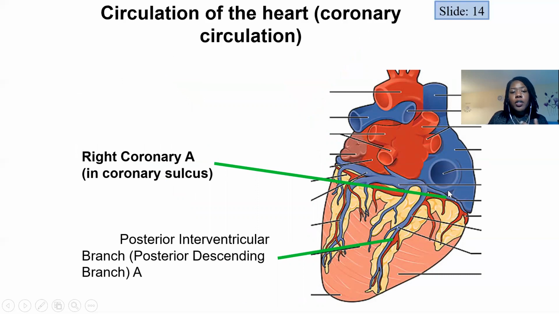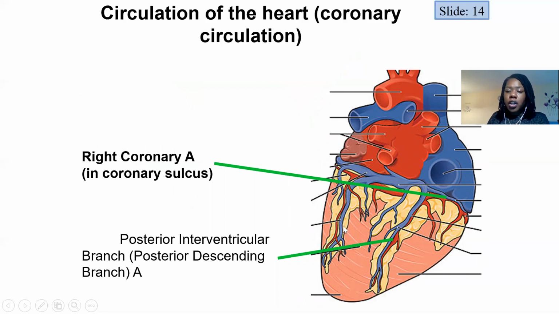Now, if we look at the posterior surface of the heart, we can see the continuation of these vessels. So the right coronary artery, which gave off the right marginal artery, this is a posterior view of the heart. So this is going to be the right side, this is going to be the left side.